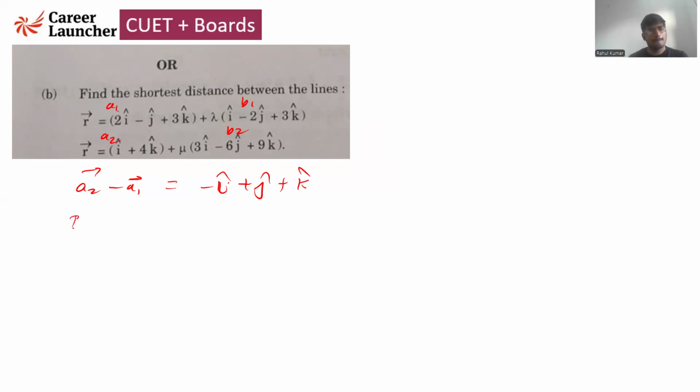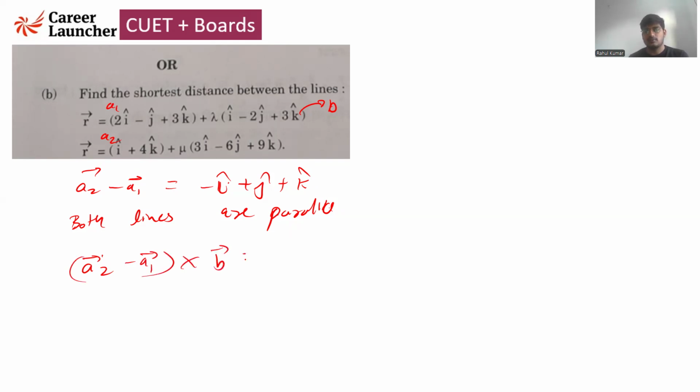So both lines are parallel to each other. So you can take any vector, try to take the least simplified vector. So I'm taking this as my B vector. So what I will do, I will find A2 minus A1 vector cross B vector.